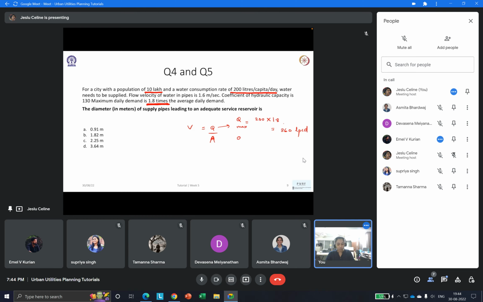So now Q for the total population, we need to multiply it with 10 lakhs. So it will be 360 into 10 raised to 6 liters per day. To use it in this formula, we need to make it into meter cube per second.